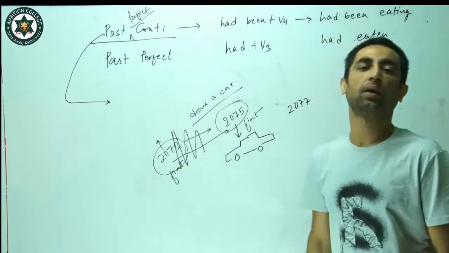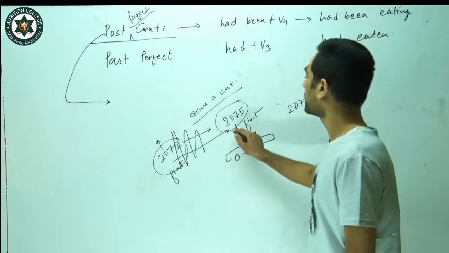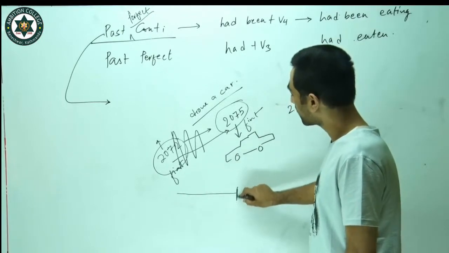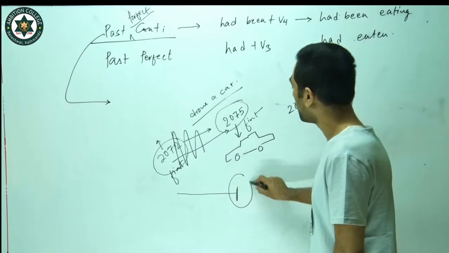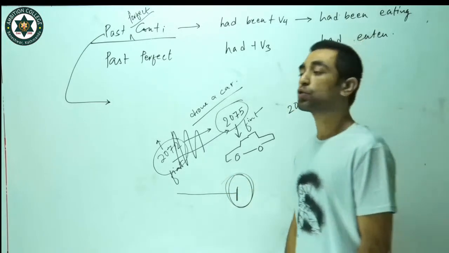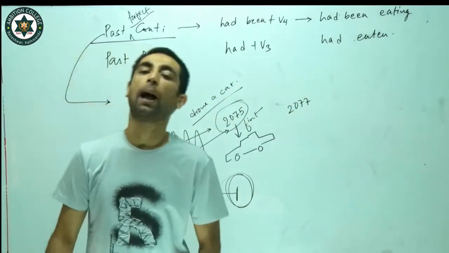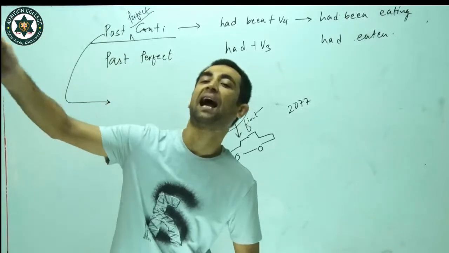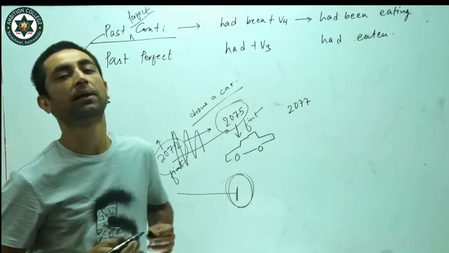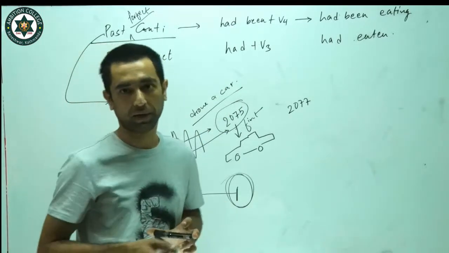Either the person may know this or may not know this. But the person is sure that since the time to this point, I have been doing this activity in the past. So to talk about the activities that had been carried till the moment of time in the past, we use the past perfect continuous.